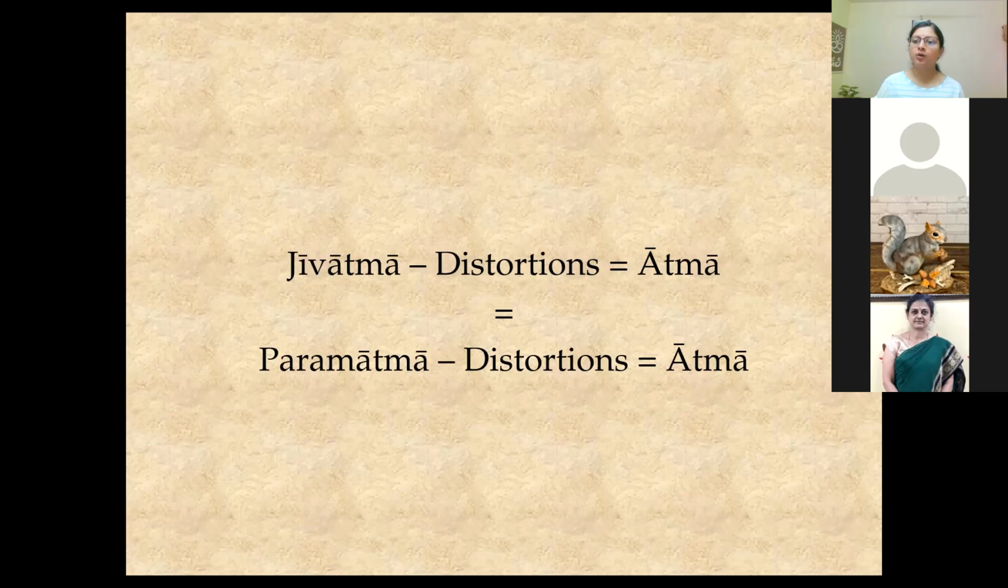Ultimately, both are water only. The difference is only at the nama rupa level. But essentially, what is the essence of the wave? Essence of wave is water. What is the essence of ocean? Again, water. From the point of view of water, there is no difference between wave and ocean.